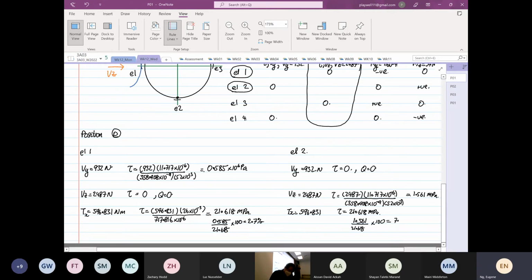And you say, this is quite significant, right? The first one is 2.7, which is kind of low. But 1.561 relative to 21.618 is 7.22.